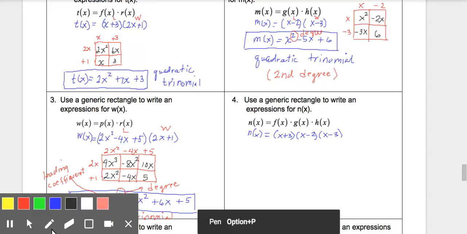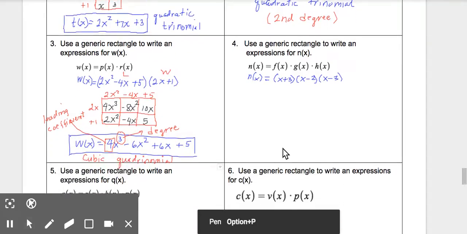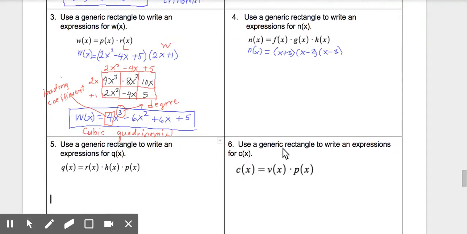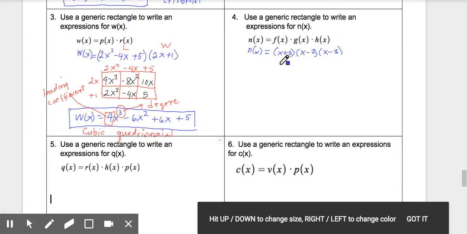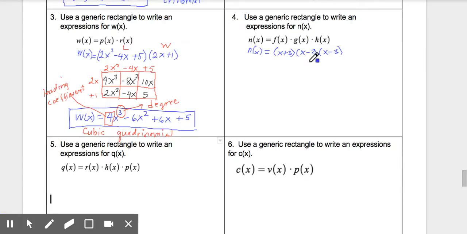So to find n of x, we are multiplying 3 binomials. When we're multiplying 3 numbers, we actually just multiply the first 2 first. Then whatever the result, we multiply by the third number. So we will follow the same thing here. We want to multiply x plus 3 by x minus 2 first, and then whatever the answer is, we will multiply that to x minus 3.